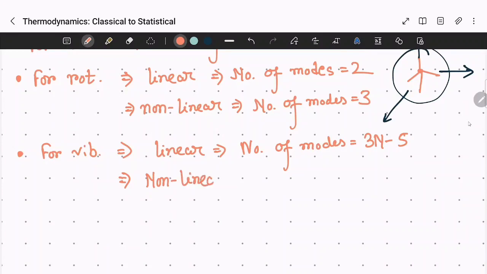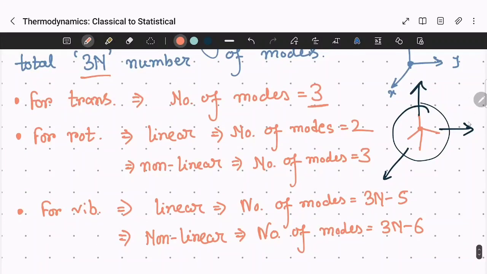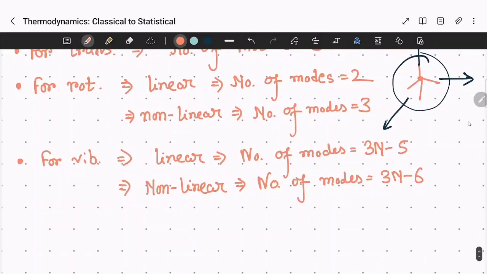And for non-linear, the number of modes equals 3n minus 6. 3 and 3, so total 6 are included in translational and rotational. So vibration will get 3n minus 6.